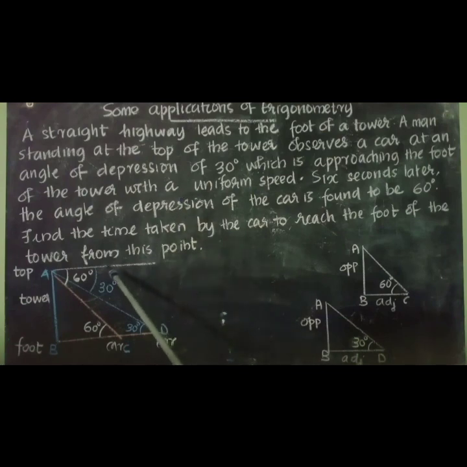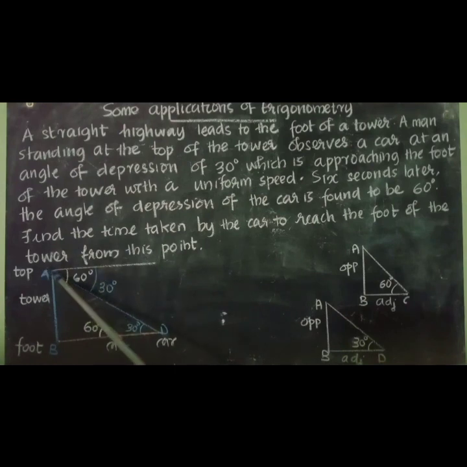So here is the figure I have drawn. It is given in the question. There is a tower. A man is standing at the top of the tower. Here is the top of the tower. The man is here. He is observing a car which is approaching to the foot of the tower.